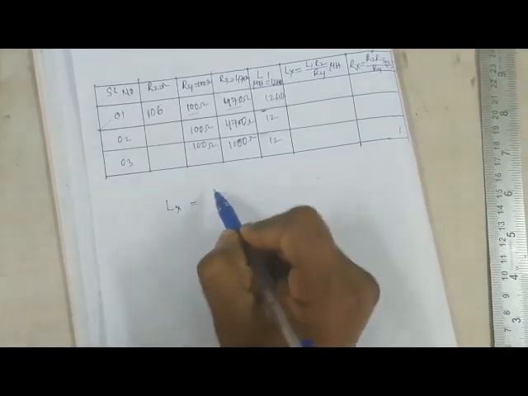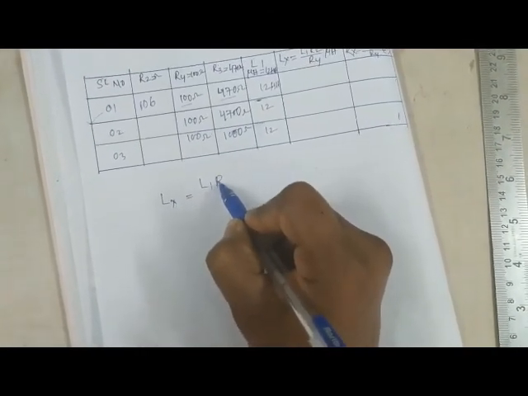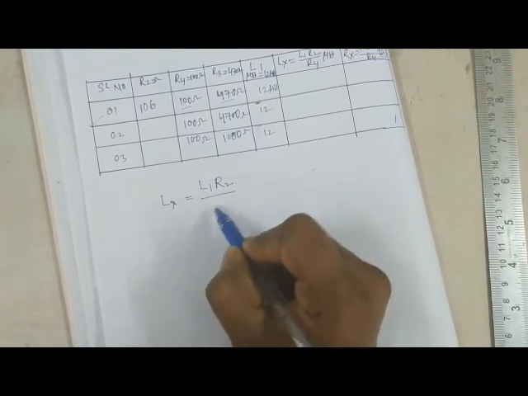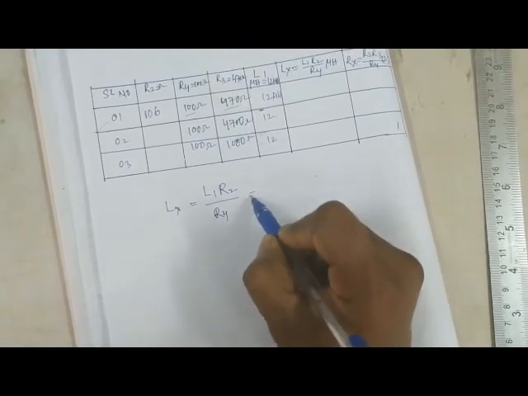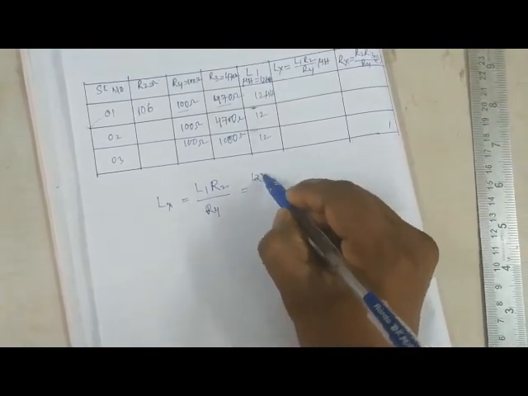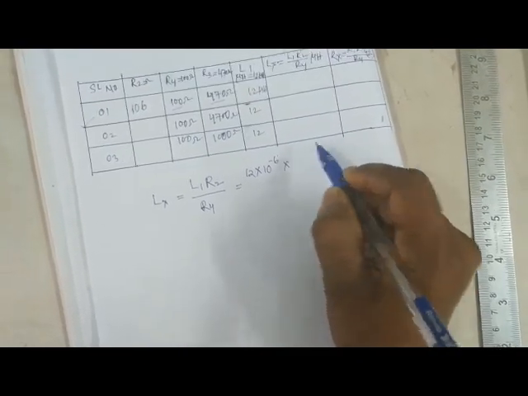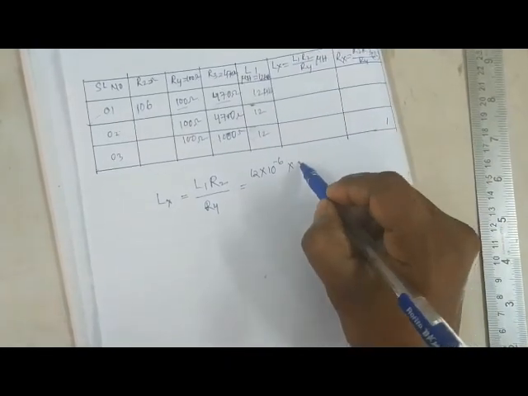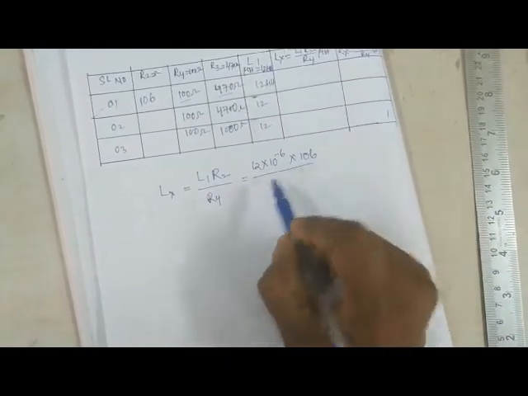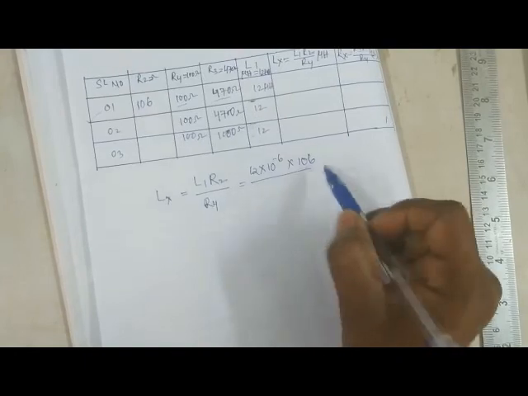So Lx equals L1 into R2 by R4. So L1 equals 12 microhenry, 12 into 10 to the power minus 6, into R2 equals 106, and R4 is 100 ohm.